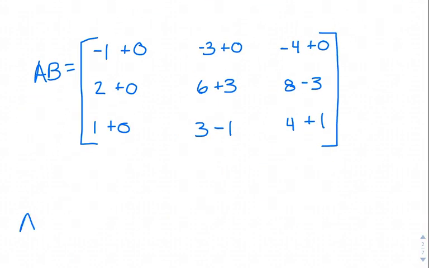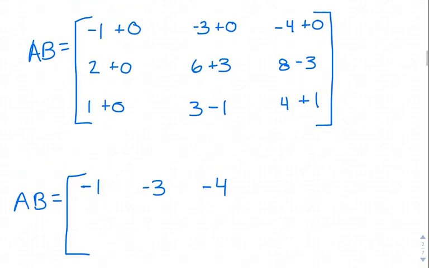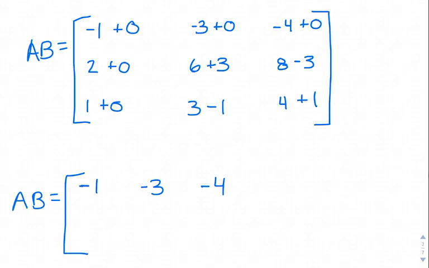And then I just add those together. So negative 1 plus 0 is negative 1, negative 3 plus 0 is negative 3, negative 4 plus 0 is negative 4, not times, you're adding. 2 plus 0 is 2, 6 plus 3 is 9, 8 minus 3 is 5, 1 plus 0 is 1, 3 minus 1 is 2, 4 plus 1 is 5.